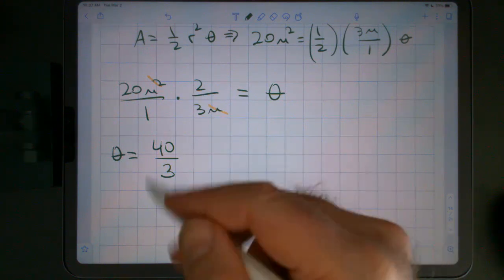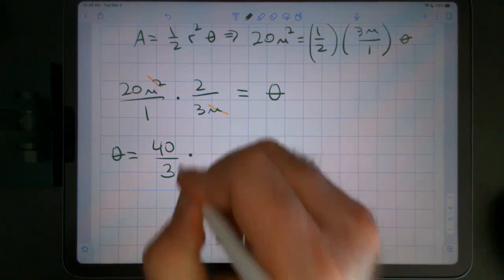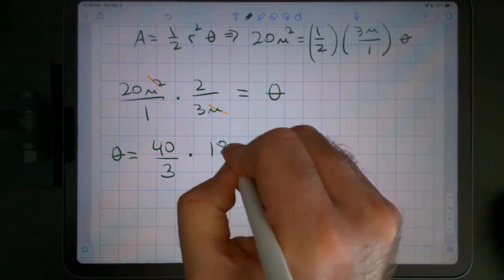There's no degree symbol, so this is radians. So we want to change this into degrees.